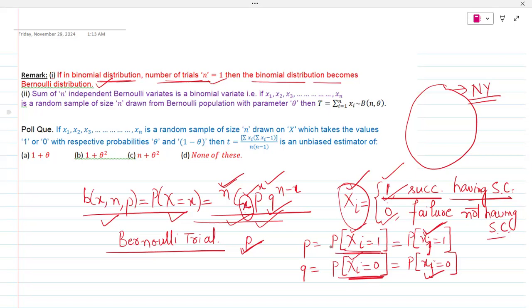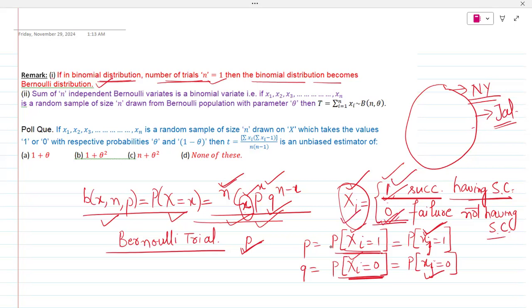Suppose now I have some other city, say the city of Jalandhar in Punjab. In Jalandhar, either someone has an iPhone or someone does not have an iPhone. If any Jalandhar citizen has an iPhone, then it is my success. And if he doesn't have an iPhone, then it is my failure. We can also define it the vice versa way: if any citizen of Jalandhar has an iPhone, then it is our failure, that xi takes the value 0.